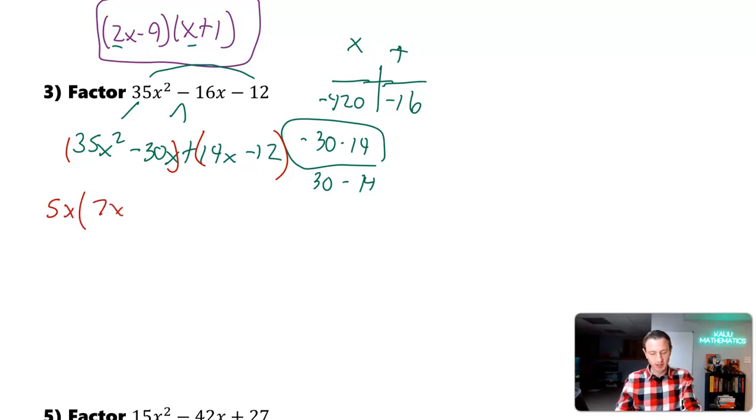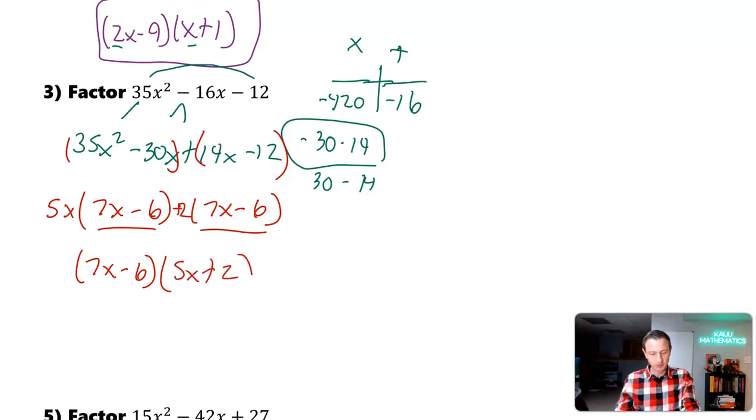So I'm going to get 7x minus 6. 30 divided by 5 is 6. And then the second set of parentheses, I'm going to take out a 2, because it's going to be 7x minus 6. So then there is our common factor, 5x plus 2.